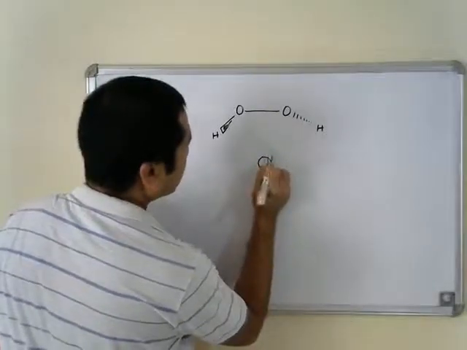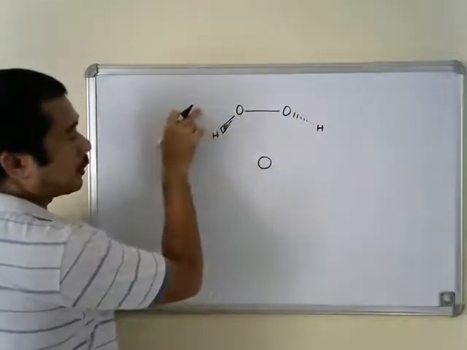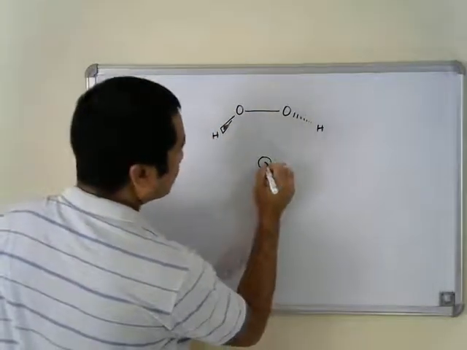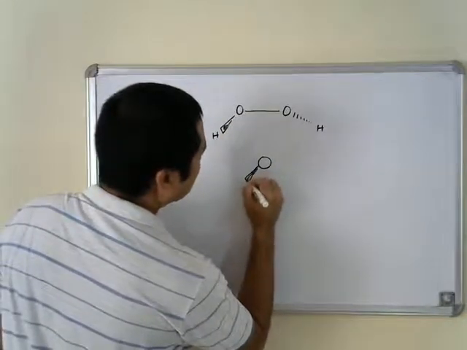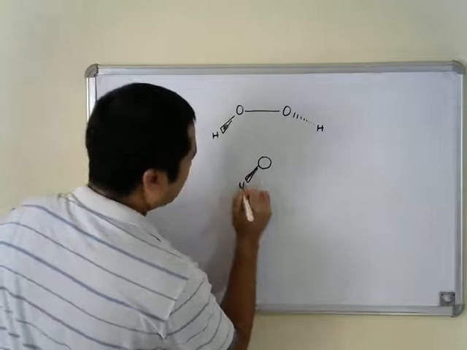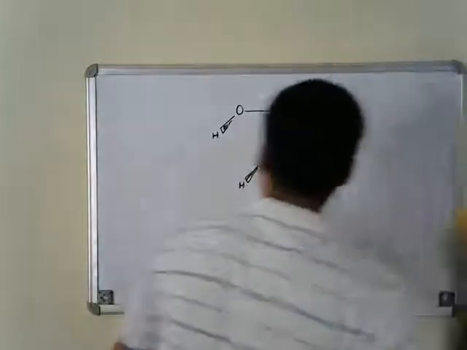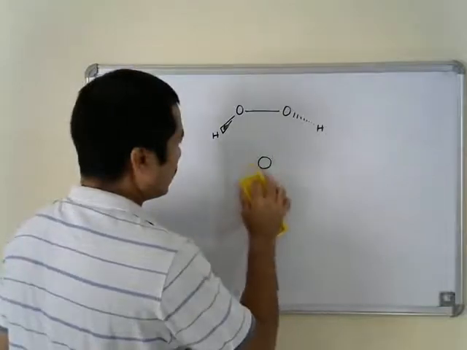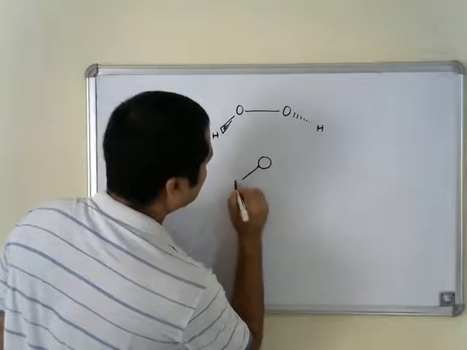If I look at the hydrogen peroxide molecule through the oxygen atom by placing my eye somewhere over here, we will see one of the oxygen atoms, and we will see the hydrogen atom over here, because it will be on the plane of the board itself.